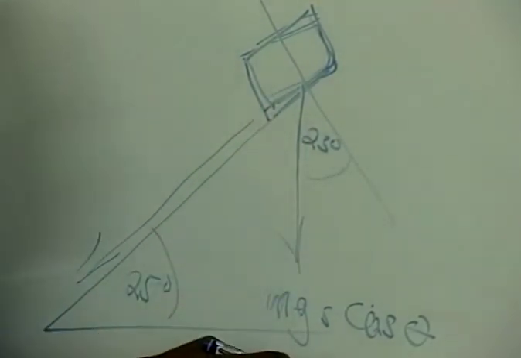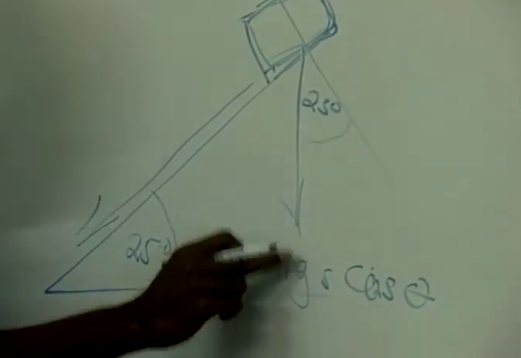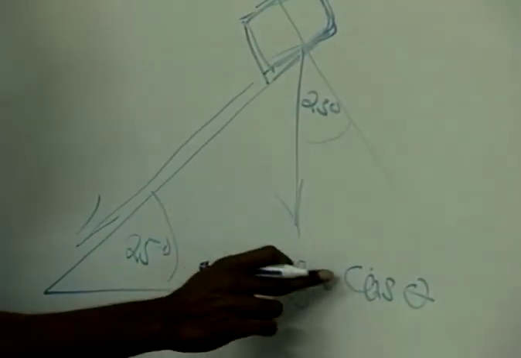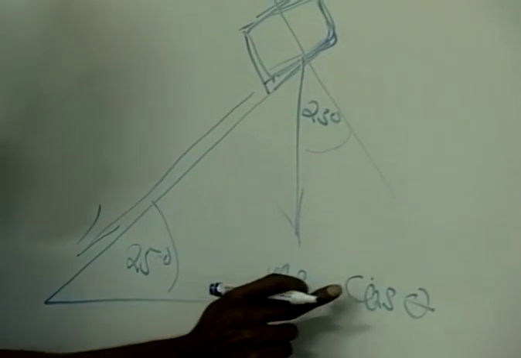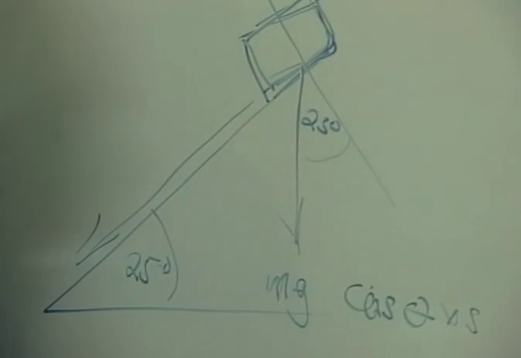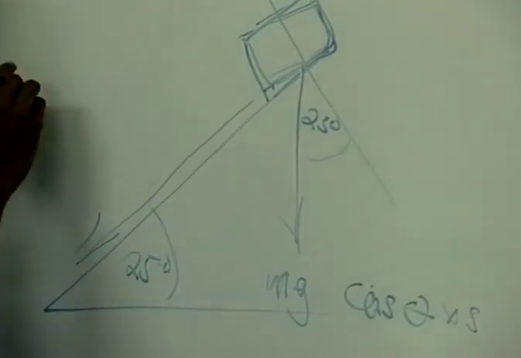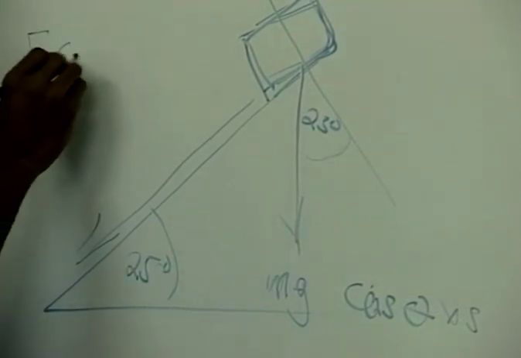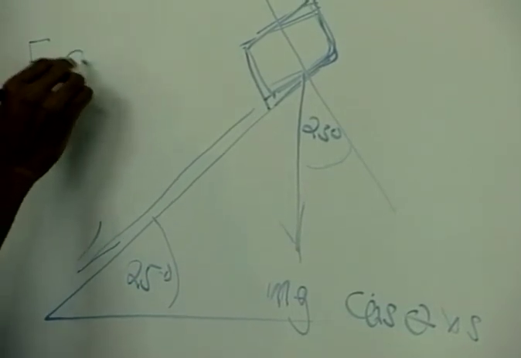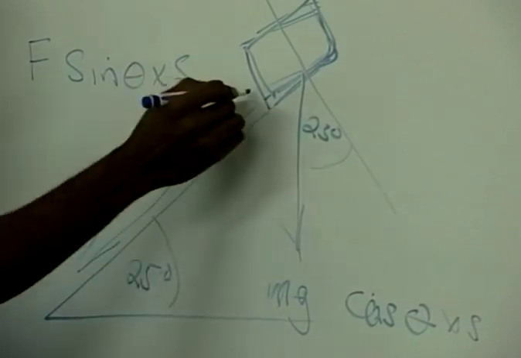So when you are trying to calculate work, the vertical component will be mg sine theta, or rather the force cos theta times the distance. And the horizontal component will be mg sine theta times the distance.